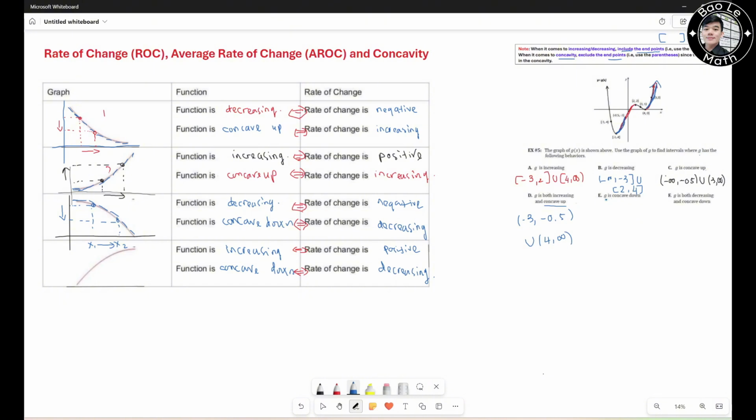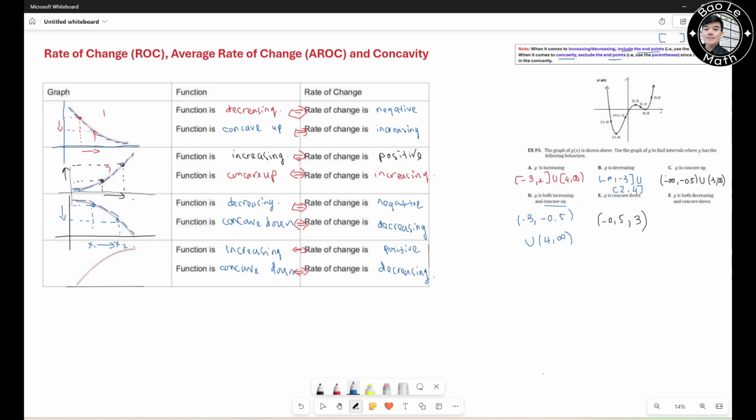Now, the function is concave down. This is from negative 0.5 to 3 right here. Alright, so this is the interval where the function is concave down. Okay, so it's gonna be negative 0.5 to 3. Alright, and the last one, the function both decreasing.